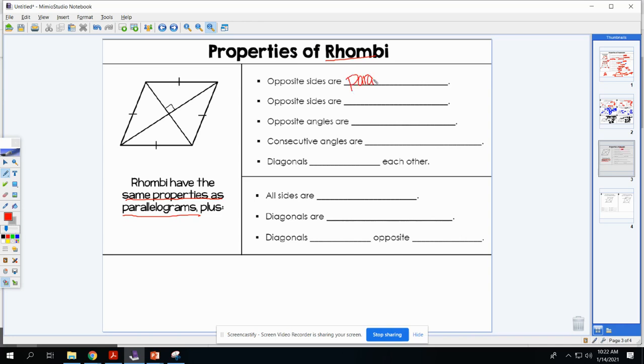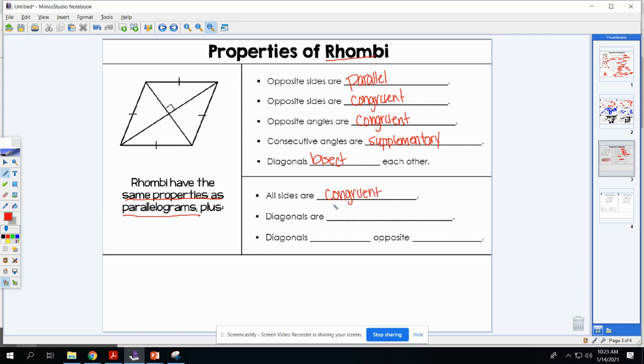So opposite sides are parallel, opposite sides are congruent, opposite angles are congruent, consecutive angles are supplementary, and diagonals bisect each other. Hopefully we all know these by heart now, as we have written this down several times. All right, now these last 3 properties here are going to be specific to the rhombus. So all sides in a rhombus are congruent.